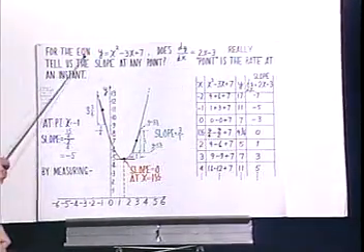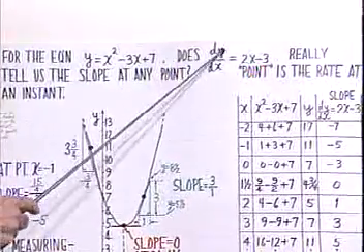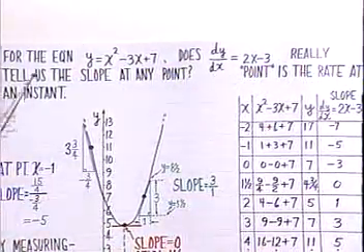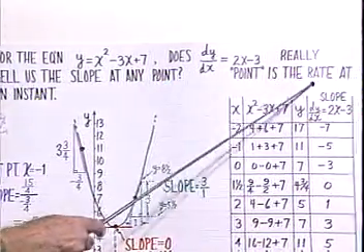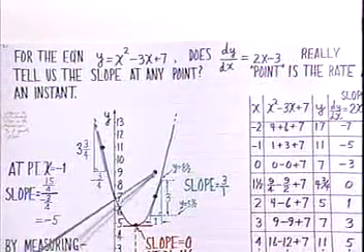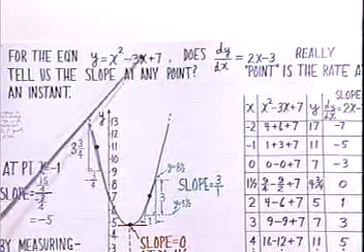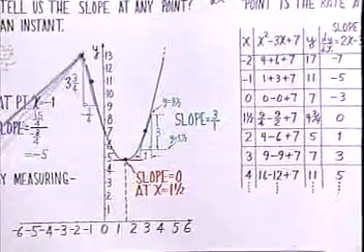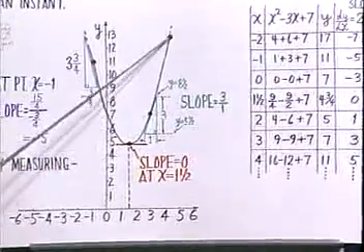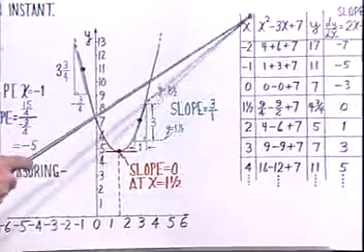For this equation here, which we just had, does this really tell us the slope at any point? And the point is the rate at an instant. So let's see. I took this equation and I drew it up here in this graph, and it extends upward this way. I also made a table here.